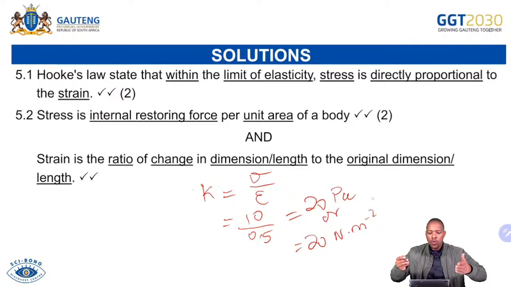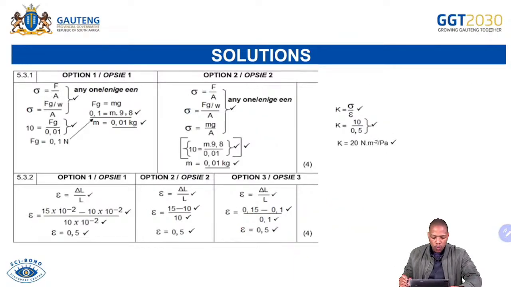Okay, right. So here are just some of the solutions. We have stated Hooke's law here. Without wasting time, we've talked about stress, the internal restoring force per unit area of a body, and strain, the ratio of change in dimension to the original dimension. That's what we are getting from the examination guideline. Then we did the calculations.